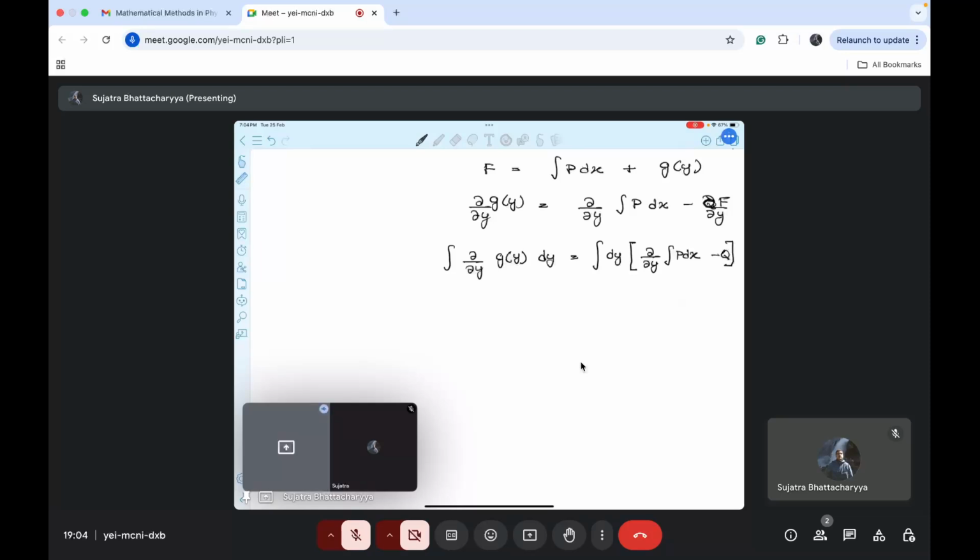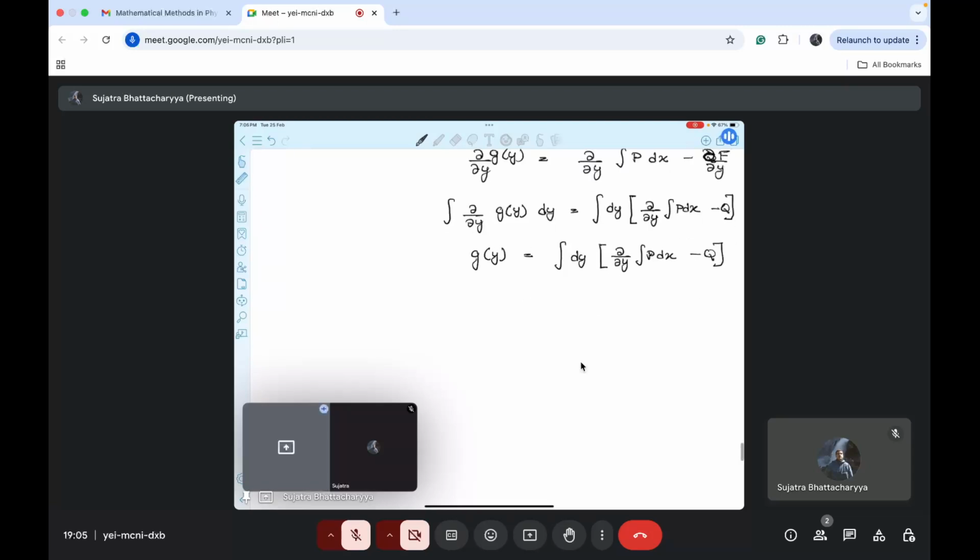Okay, so on the left hand side you have dy, on the right hand side you will be having the same thing, dy, delta delta y of p dx, minus.